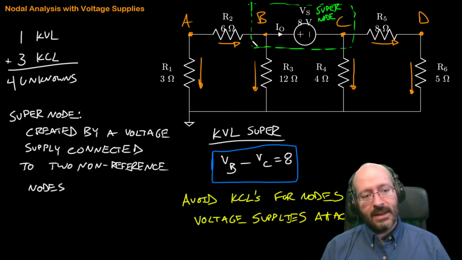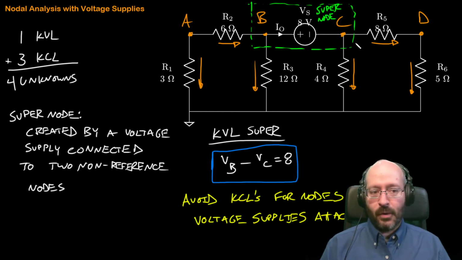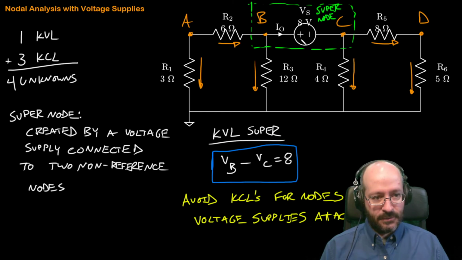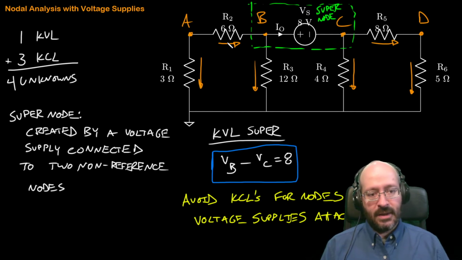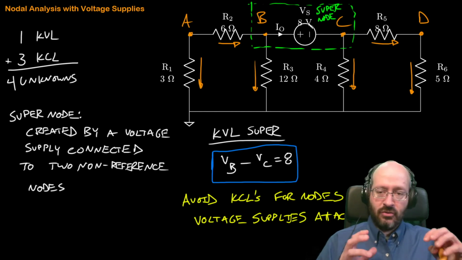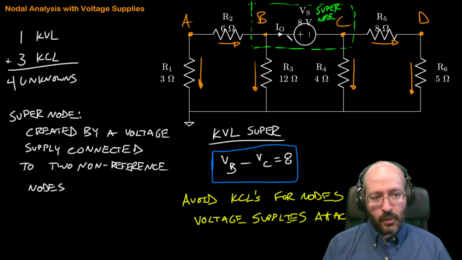All of the currents going into and out of that bounded region have to be accounted for. But there's internal current that we don't have to worry about, because if it shuffles here, it's got to pop out over here somewhere. So we have this current, this current, this current, and this current connecting to that supernode, and the supernode is that bounded region. So I'm going to write the KCL for that supernode, and I'm going to have 4 terms involved in it.